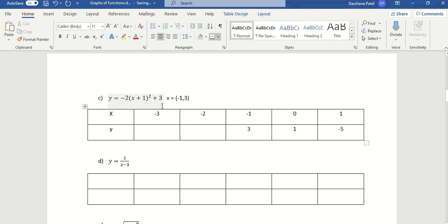On this side now, if I put negative 2 there, negative 2 plus 1 will give me negative 1, squared that will be positive 1, times negative 2, which will be negative 2, plus 3 will give us 1. If you're not sure, you can punch in your calculator as well. Similarly, if I put negative 3 there, negative 3 plus 1 will be negative 2, squared that will be 4, times negative 2 will be negative 8, plus 3 will be negative 5.